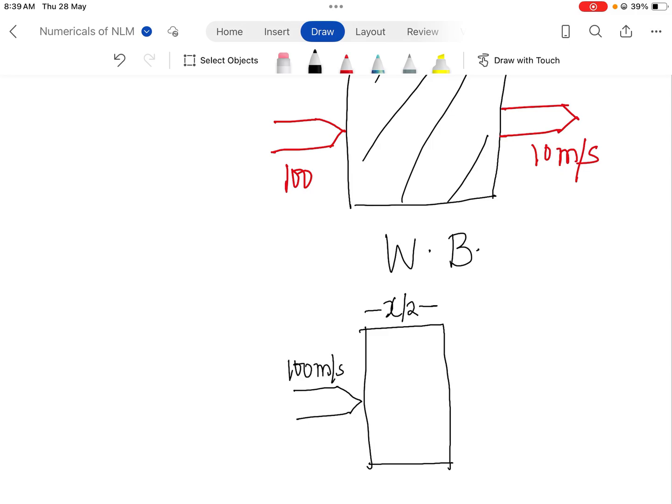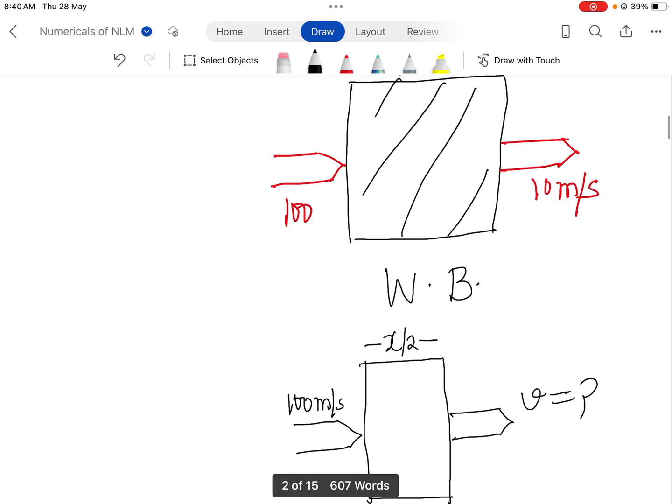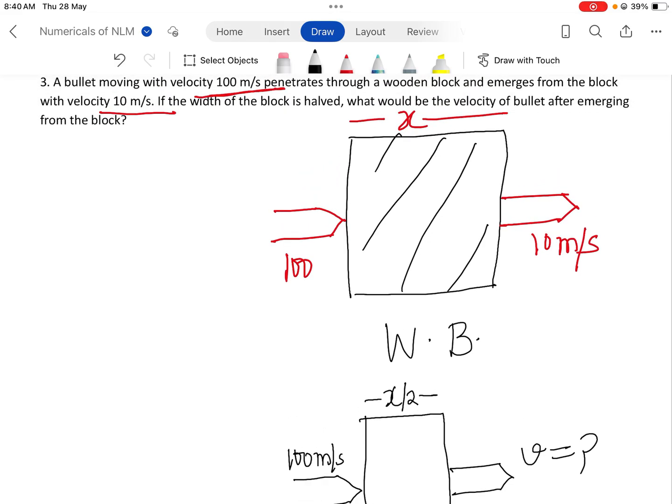Then what will be the velocity after emerging from here? You have to find this velocity. It is clear. So how will you do?